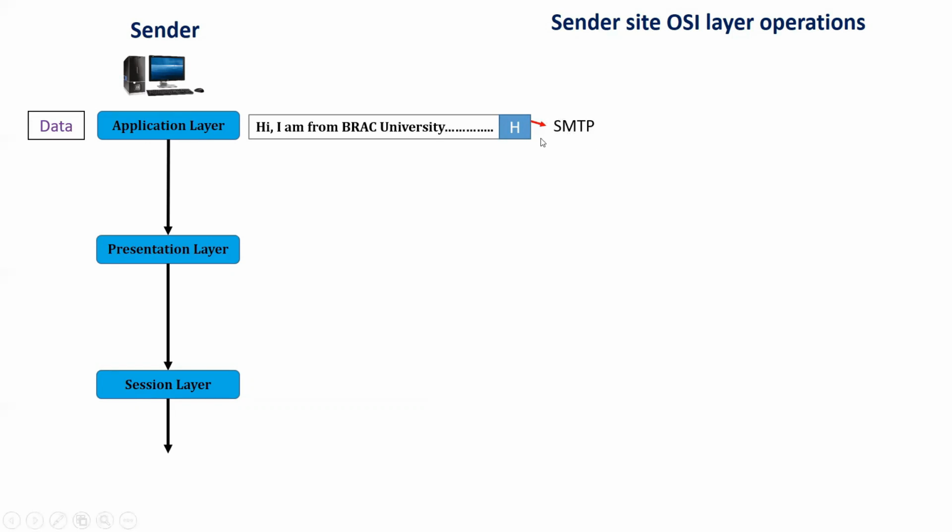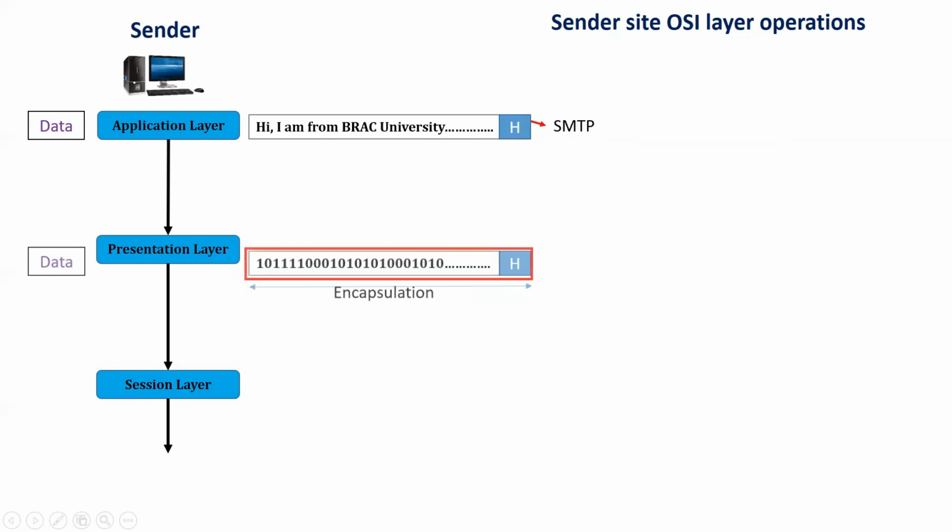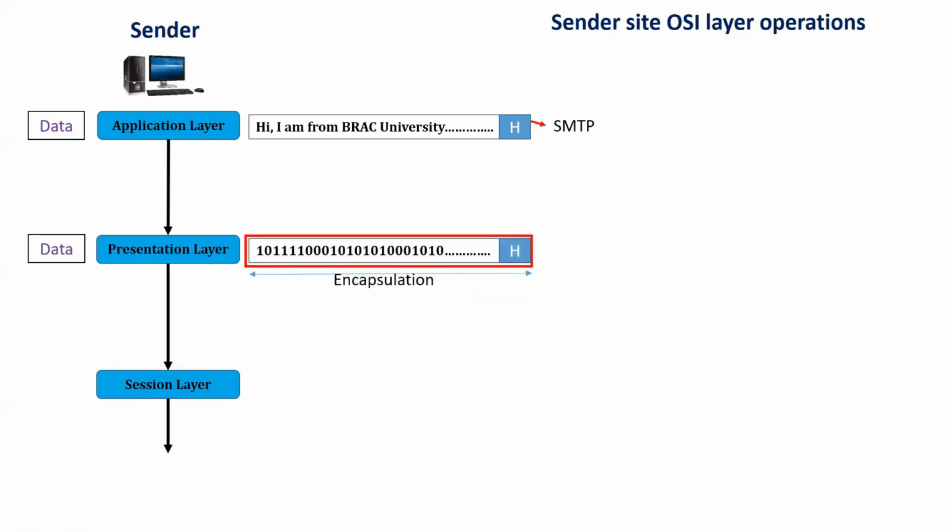As I'm doing an email, the SMTP protocol is the required protocol, so it will be added to the application layer header. So all the data, our email and the header of the application layer, is sent to the next layer, which is called the presentation layer.